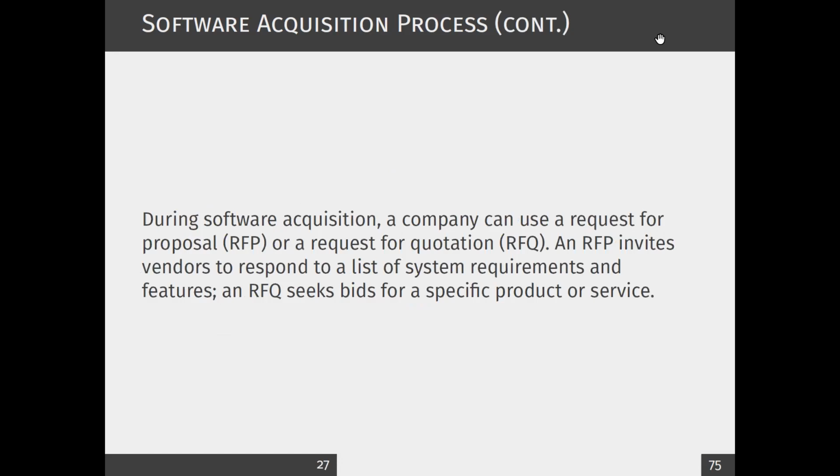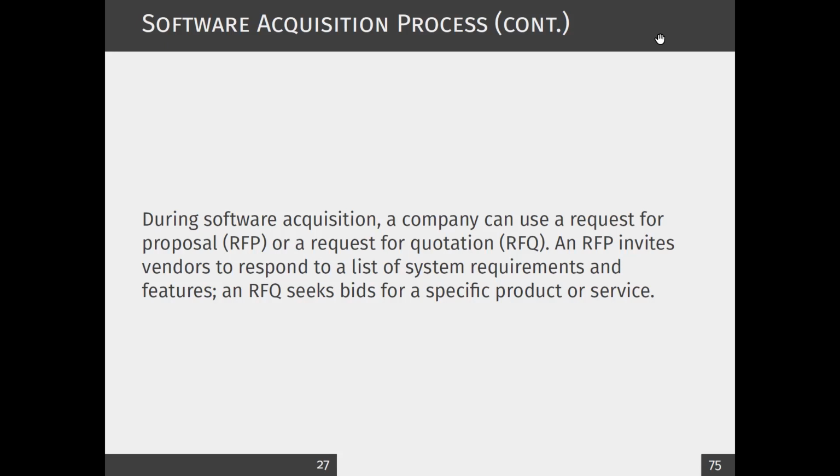Right. Now, when you do the software acquisition, you can request proposals. Usually, if you're not clear about the exact objectives, you can request a proposal, and also a request for quotation. So these two depend on your requirement.